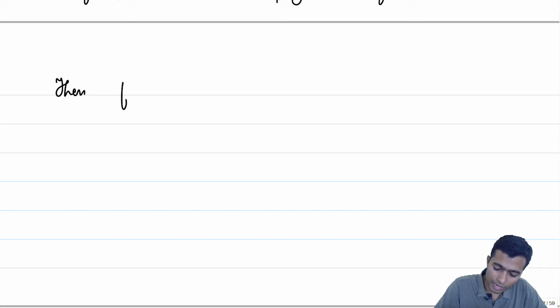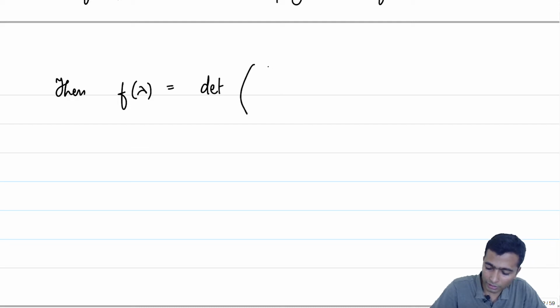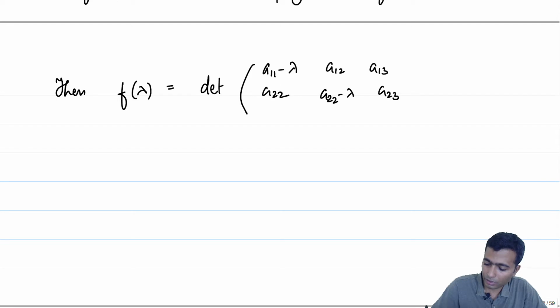Then f of lambda is just the determinant of the matrix with rows A11 minus lambda, A12, A13; A21, A22 minus lambda, A23; A31, A32, A33 minus lambda.